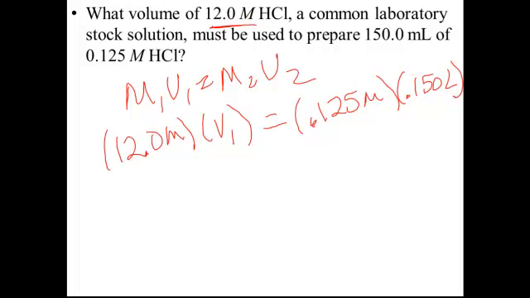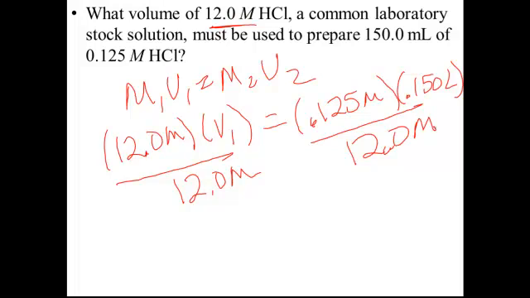So to get V1 by itself, again, we're going to divide both sides by our 12 molar. And now we can see that our 12 molar cancels. So I'm going to multiply 0.125 by 0.150, and divide it by 12, and I get a pretty small number.